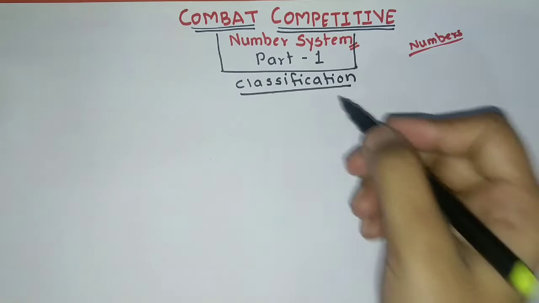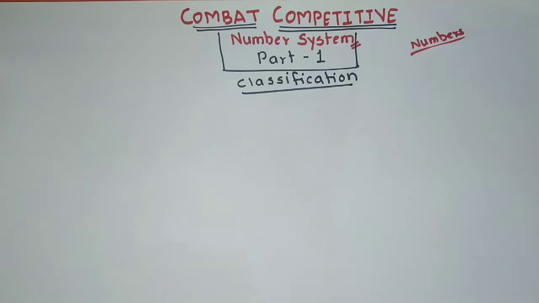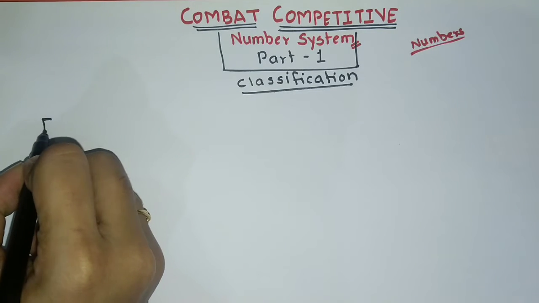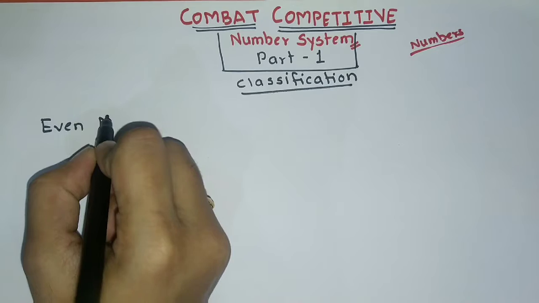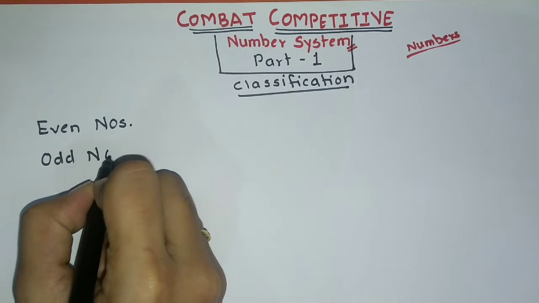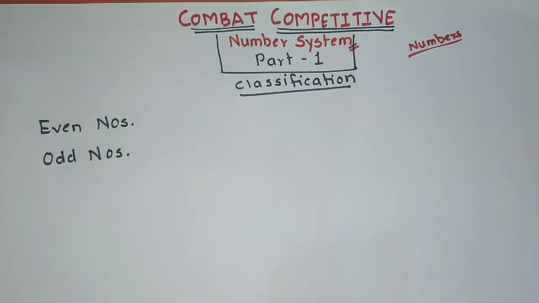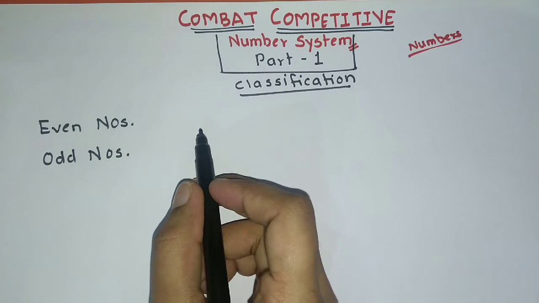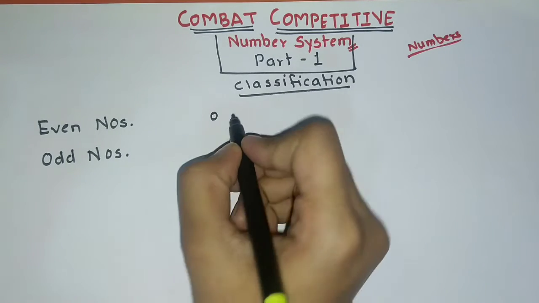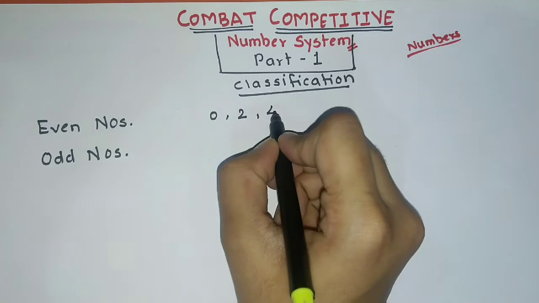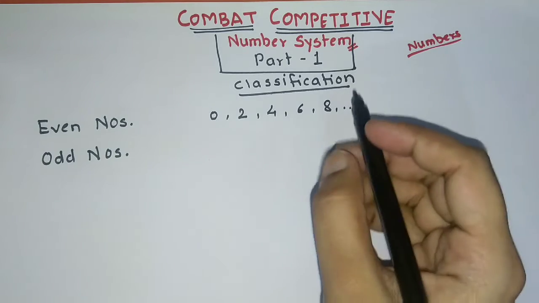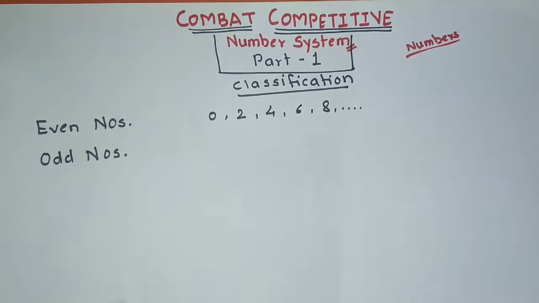Let's see the classification of numbers. Now, let's start with easy terms that we know. Even numbers and odd numbers. We know even numbers are completely divisible by 2, and one of the numbers from this group, 0, 2, 4, 6, 8, is at the unit place.